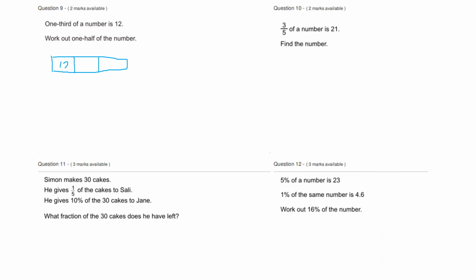So on this page, we've been told that 1/3 of a number is 12. So if you imagine, we've got our mystery number, and when it's split down into thirds, so 3 equal pieces, one of those thirds is 12. You can easily work out what the whole number is by filling in those missing thirds.